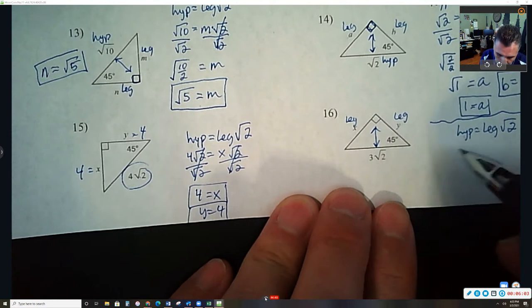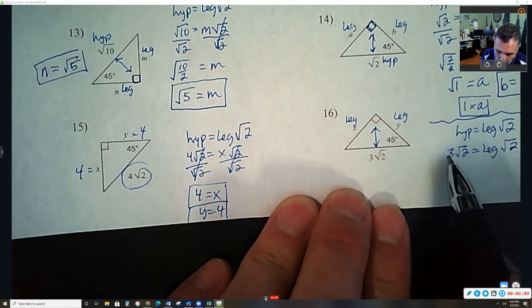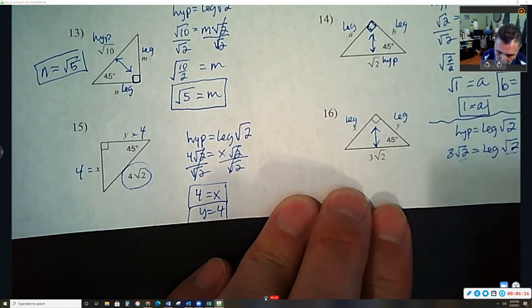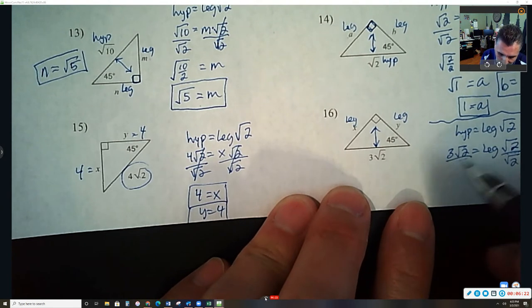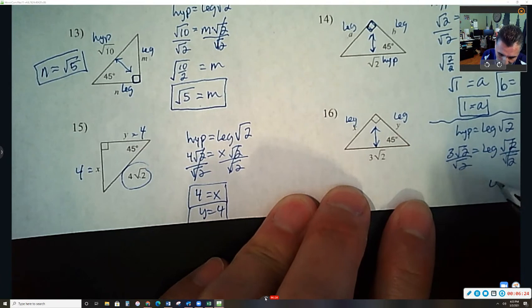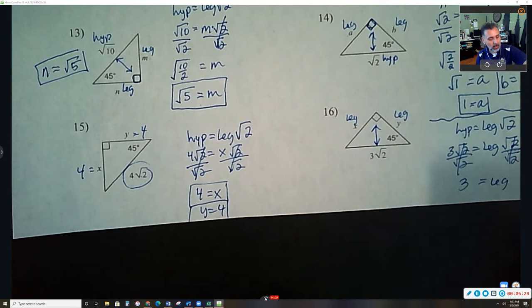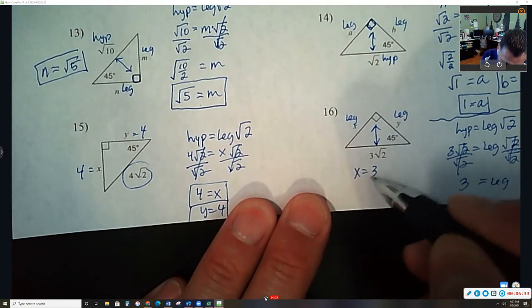So you have 3 square root of 2 equals leg square root of 2. That means the 3 has to equal the leg, because I know this part is equal. Or anyway, divide. Oh, I should have put x. Divide by square root of 2, divide by square root of 2. Leg equals 3. Okay, and that's actually x equals 3, y equals 3.